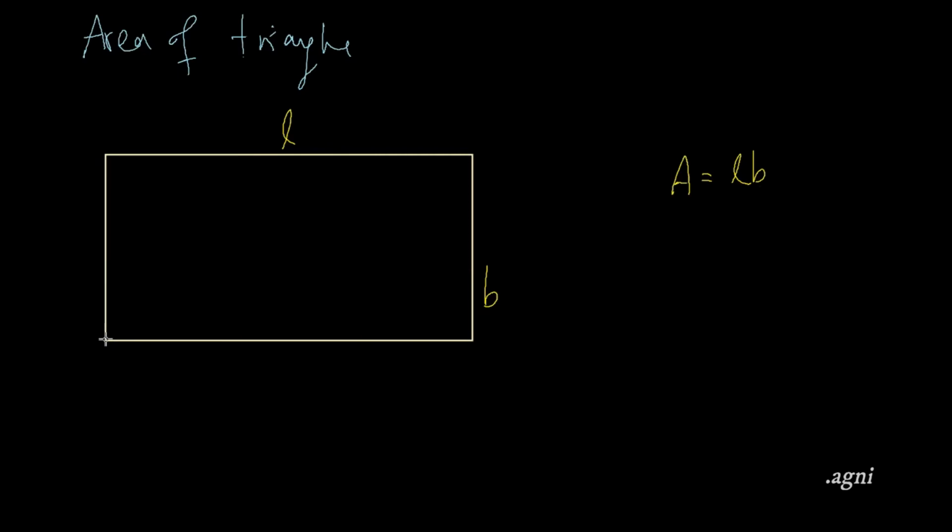If you split this into two, this is 90 degrees, so you're going to have a triangle here, right? So what should be the area of this triangle? This is exactly divided into two parts, right? Yeah, half of LB.